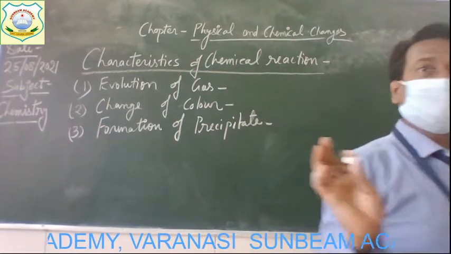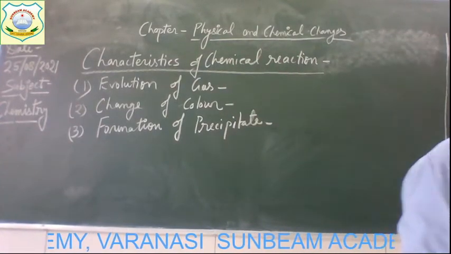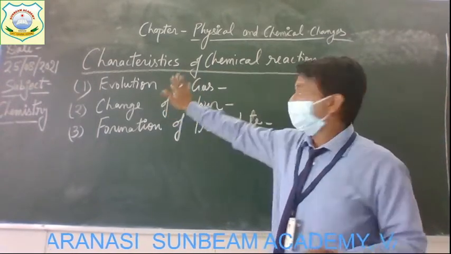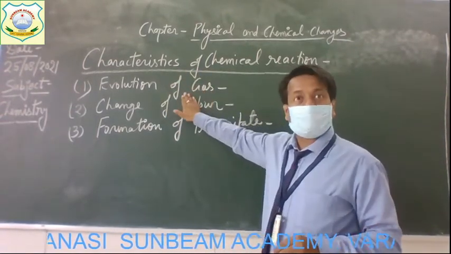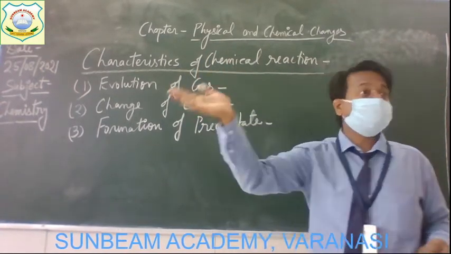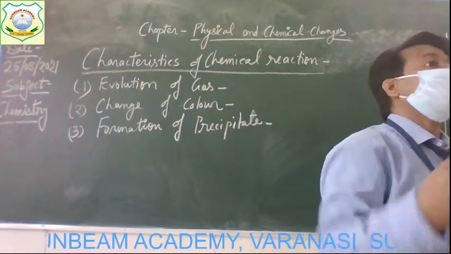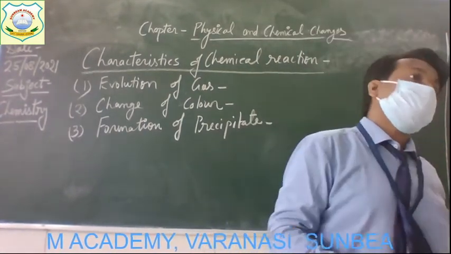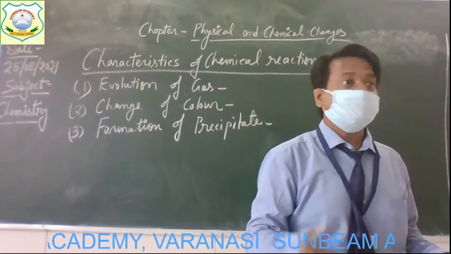Alright, so these three characteristics we explained yesterday, and I hope that you understood them. A kind of gas is formed during a chemical reaction. There is a certain change in color after the reaction: before the reaction the substance has some different color, and after the chemical reaction its color gets changed.